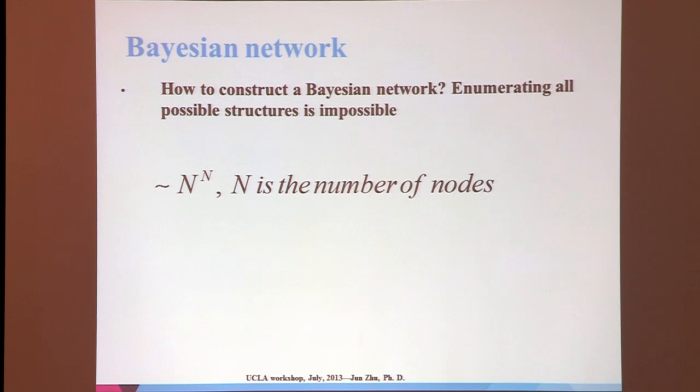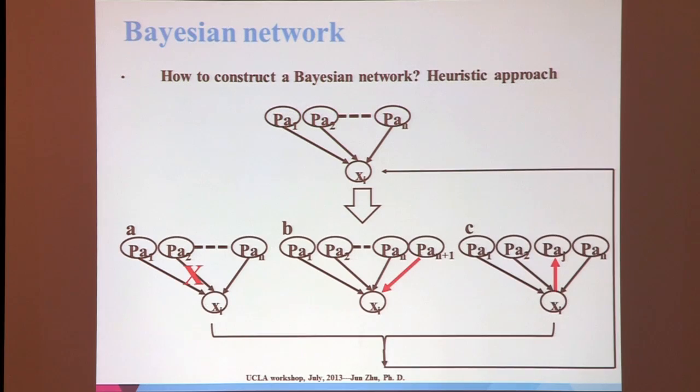You can draw it over several pages, but beyond 5 or 6 it's impossible. So in general, constructing a Bayesian network is an NP-hard problem. There is no solution that goes through all these structures in polynomial time, so we always have to use some heuristic.